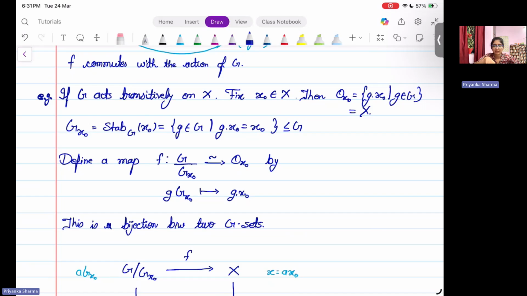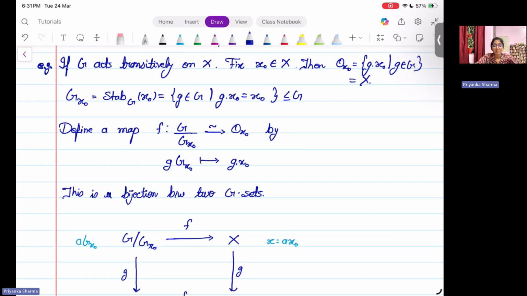The orbit will be the entire set X. And the stabilizer of this fixed element x naught in G will be the set of all g belonging to G such that g dot x naught is x naught, and this is a subgroup of G. Now we define a map f from G mod G_x naught to the orbit of x naught by this definition.